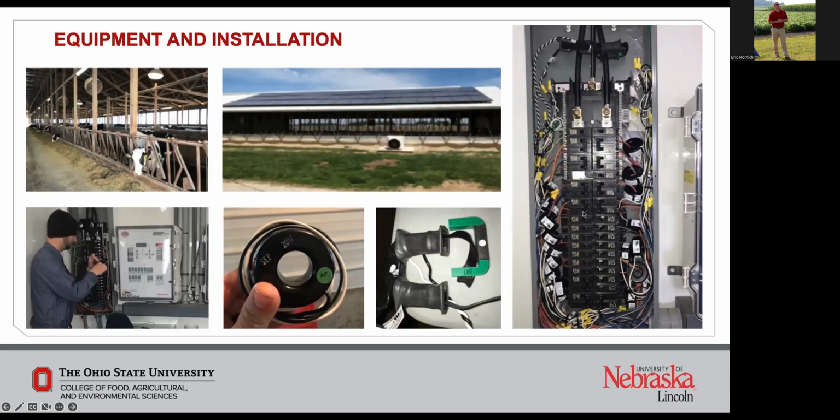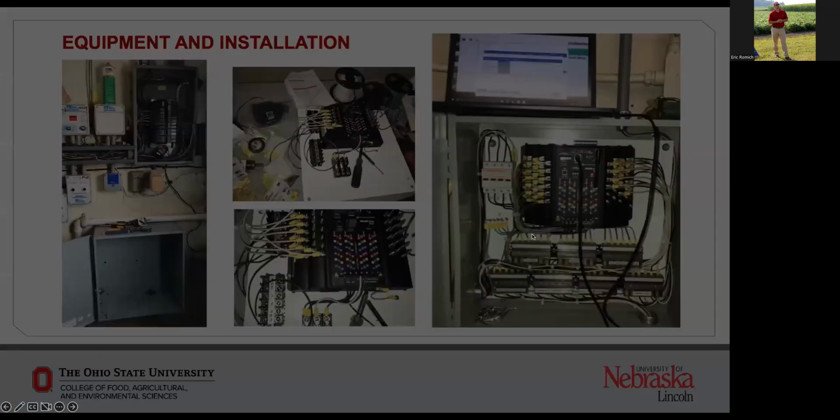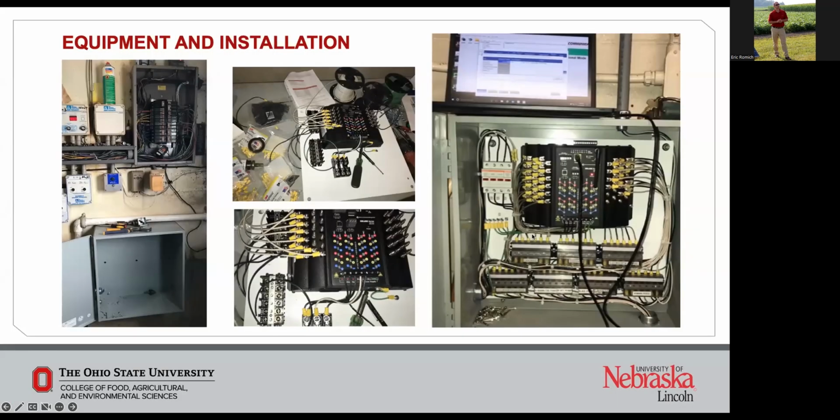As you can see in the panel here, we have a set of split core CTs on the main feed coming into this panel, and then we have individual donuts that are monitoring individual operations on that farm. With our metering equipment, shown here, our energy meters allow us to monitor up to 24 critical motor loads on a single phase farm, or our three phase meters allow us to monitor up to 8 critical motor loads or circuits on that 3-phase farm.